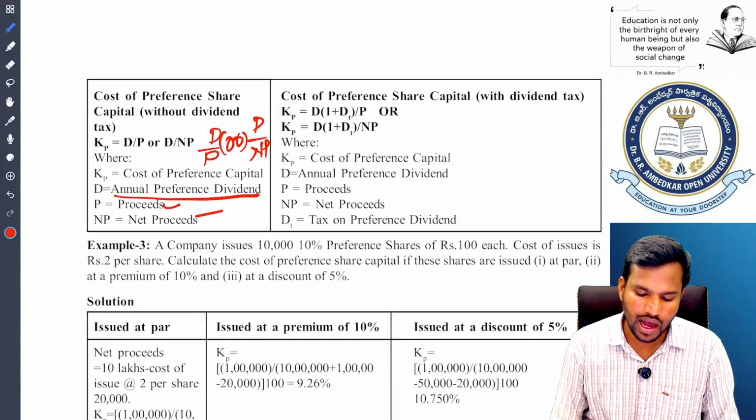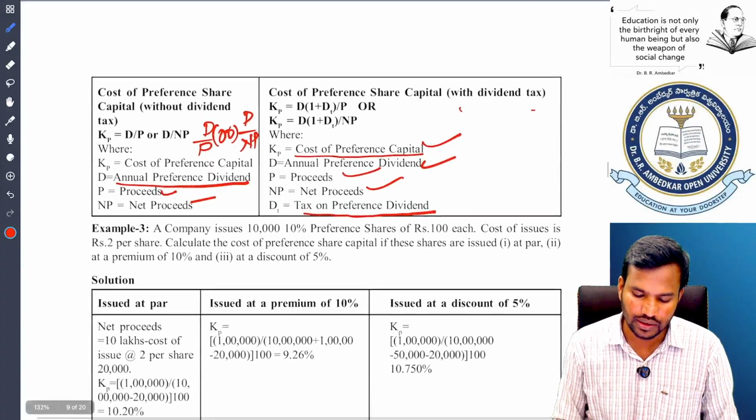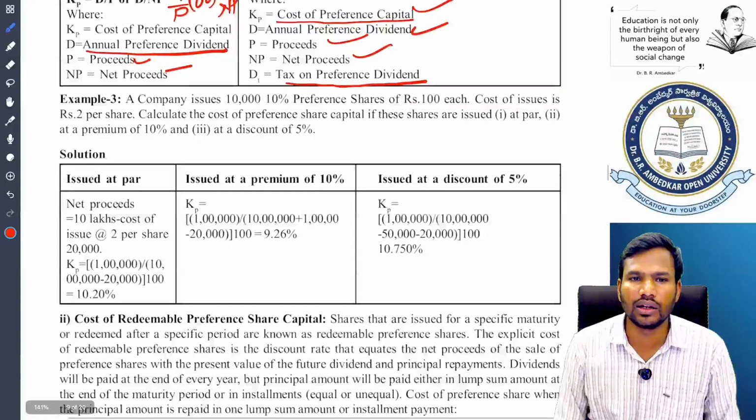And cost of preference share capital with dividend tax: KP is equal to D into 1 plus DT divided by P. KP means cost of preference capital, D annual preference dividend, P net proceeds, DT means tax on preference dividend. Let us see one example, then we can easily understand.